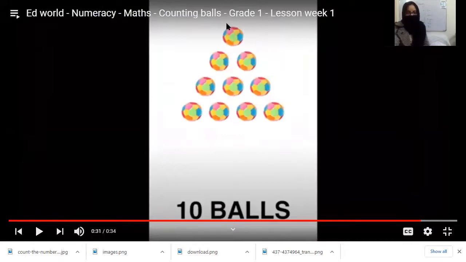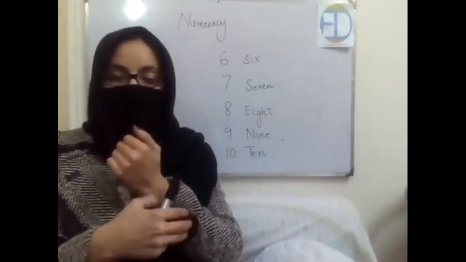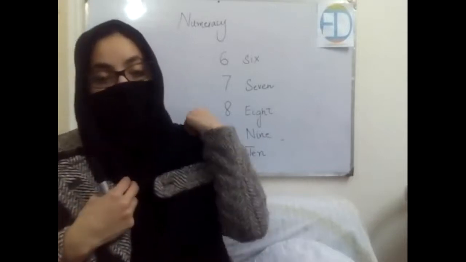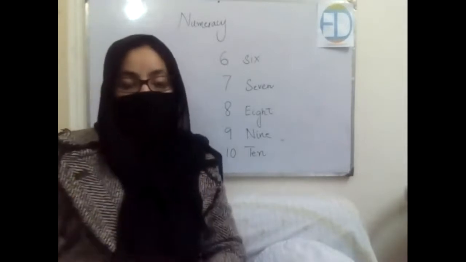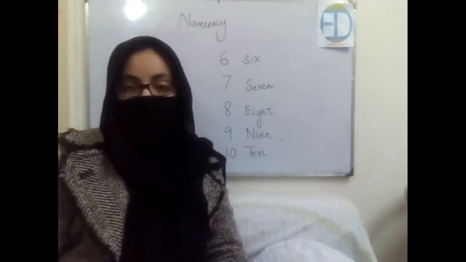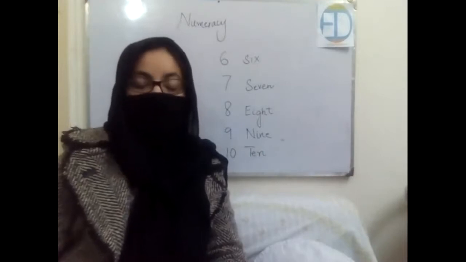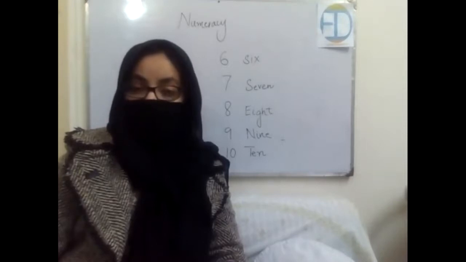Okay, so you have seen that the video started from one ball and then it kept on adding other balls to it, and when it ended we had 10 balls. In today's class, I told you that we will be practicing writing the names of the numbers from 6 to 10. So you have already seen the video and you have watched the pictures as well.